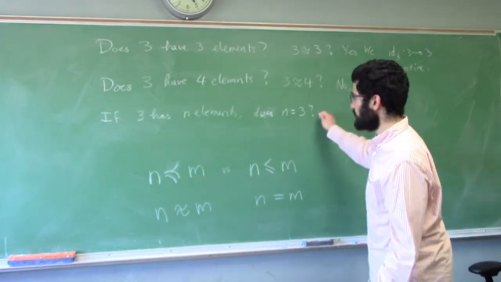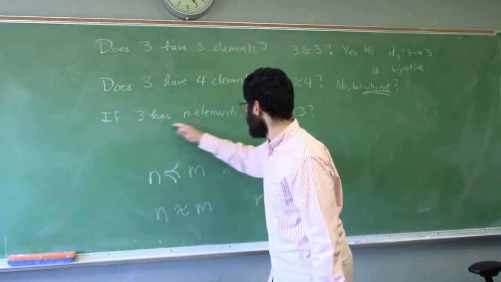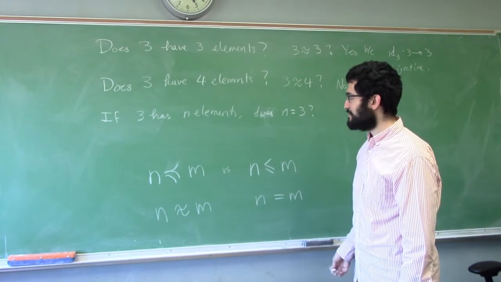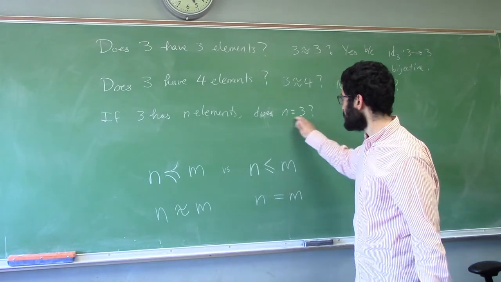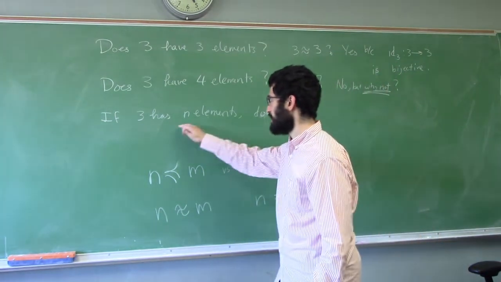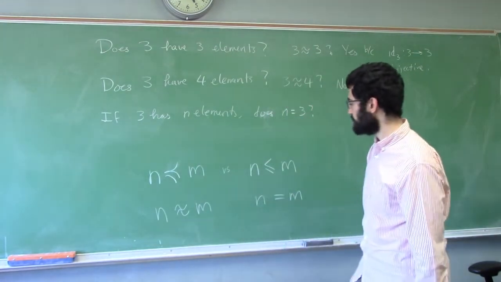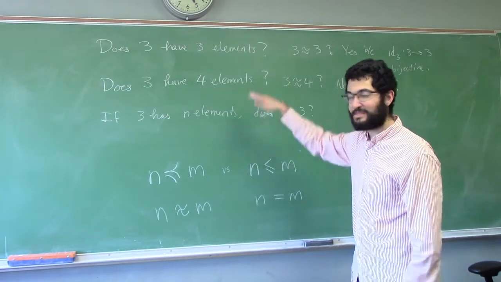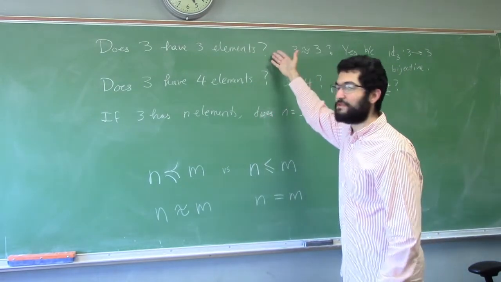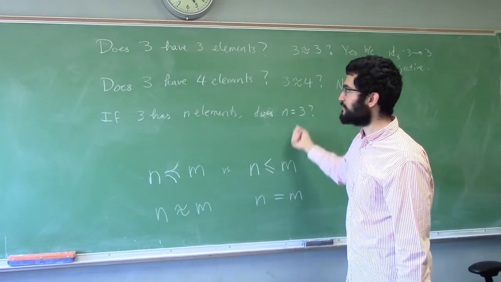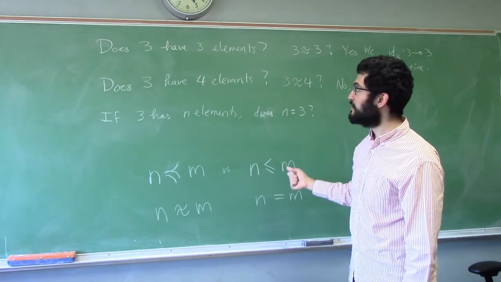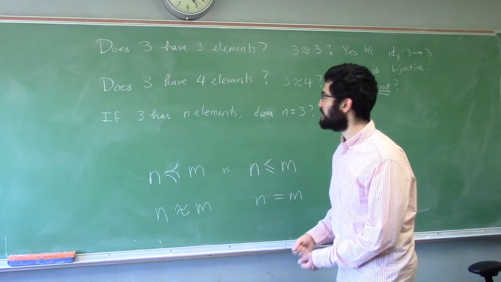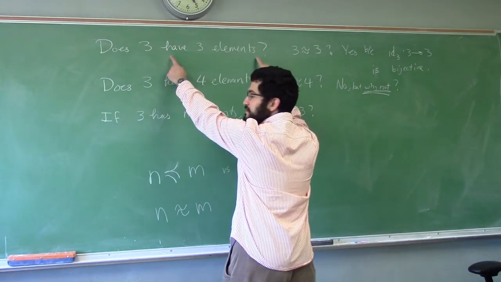And here's the more general question. It shouldn't just be about 4. If 3 has n elements, does that mean n is 3? Is n equals 3 the only number for which 3 has that number of elements? Okay, if this discussion is confusing, why these are even questions, how this is not just trivially following from the words that I'm using, then you have to go back and look at how the words were defined. How is has 3 elements defined?